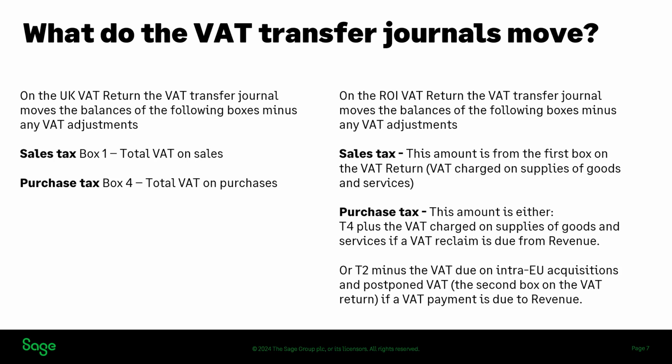Or if it's a payment due to ROS, it's going to be box T2, which is the VAT due on intra-EU acquisitions and postponed VAT. And that's the second box on the VAT return. So it's slightly different depending on where you're doing your return from.